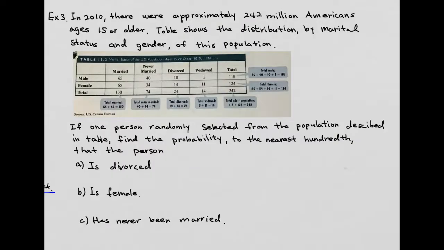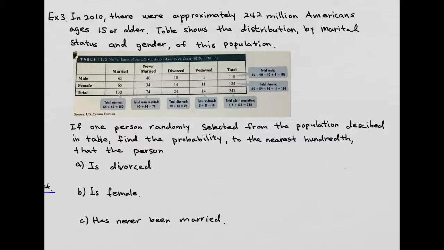Example 3. In 2010, there were approximately 242 million Americans aged 15 or older. The table shows the distributions by marital status and gender of this population. So the table is given right here.